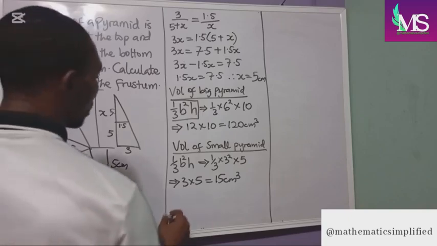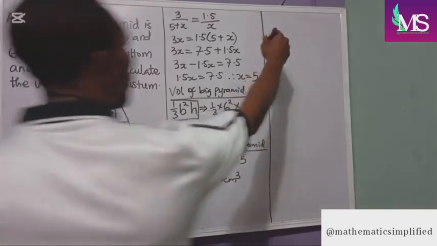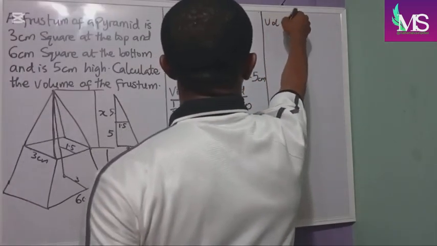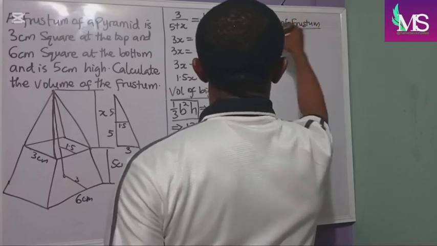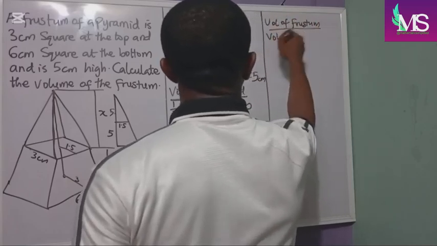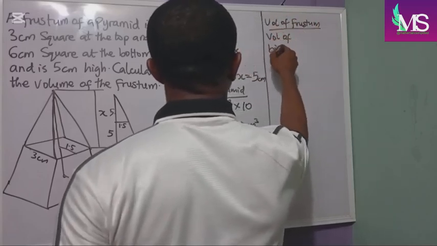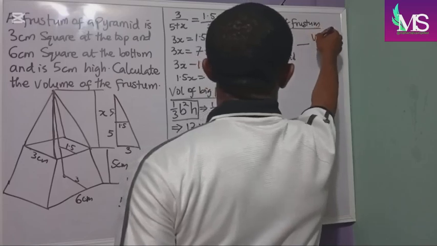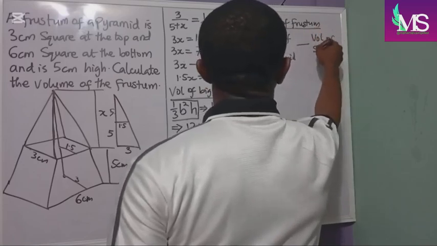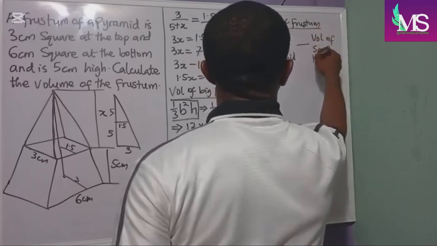So now at this point, volume of frustum will be equal to volume of big pyramid minus volume of small pyramid.